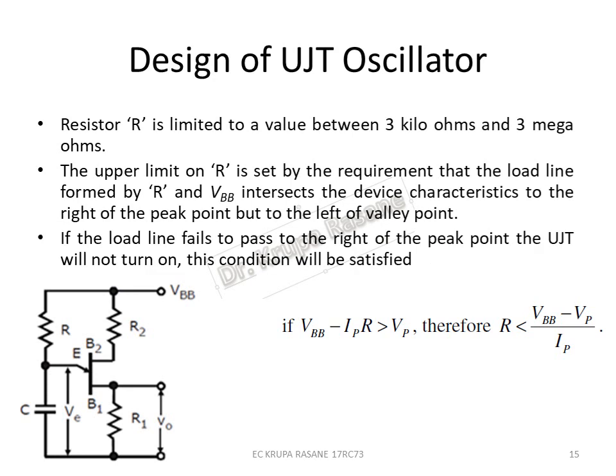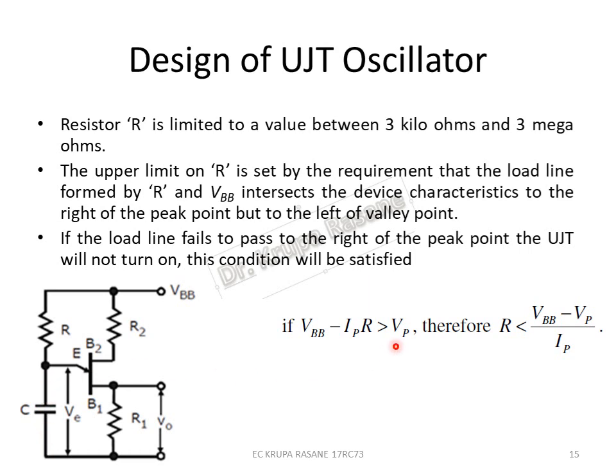If the load line fails to pass to the right of the peak point, the UJT will not turn on and this condition will not be satisfied. Hence, VBB minus IP RB, the voltage drop when peak current is flowing through this, minus the drop across this, is nothing but the voltage across the capacitor.